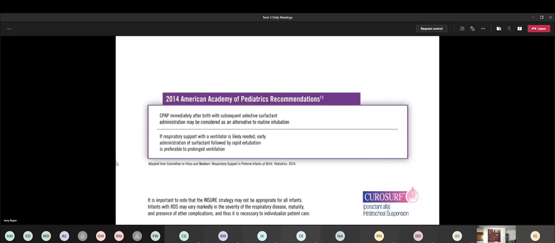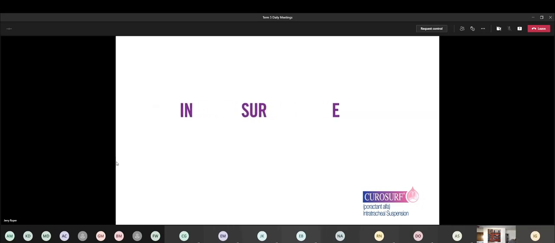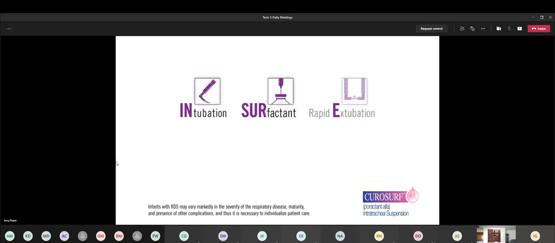The American Academy of Pediatrics guidelines strongly recommend the use of the Early Rescue INSURE technique if nasal CPAP has failed. INSURE is an acronym that stands for intubation, surfactant, and rapid extubation. This technique provides the benefits of surfactant while avoiding prolonged mechanical ventilation.